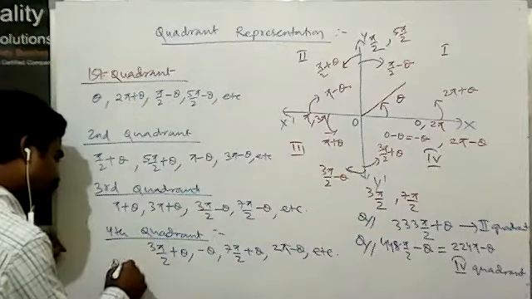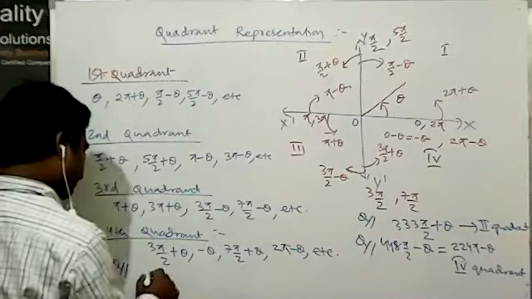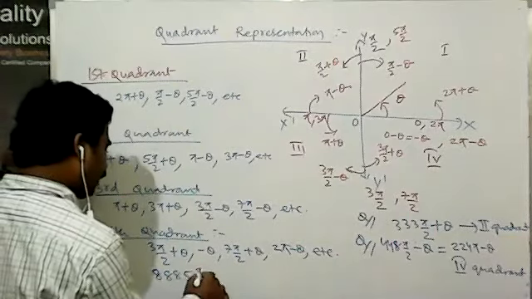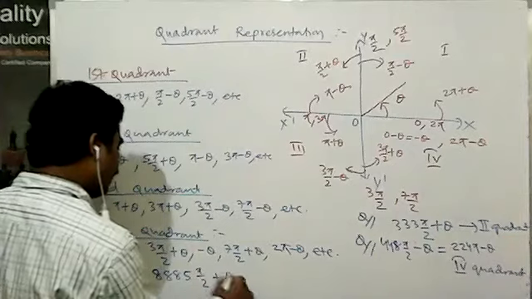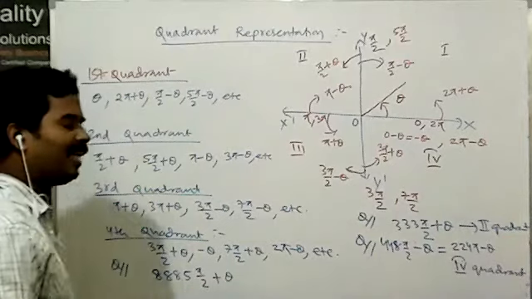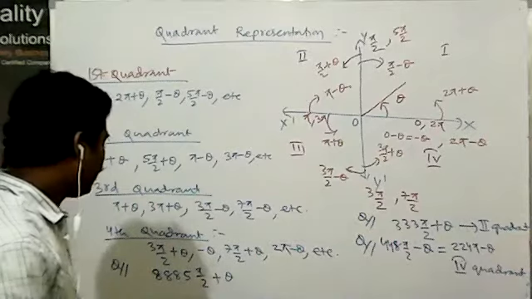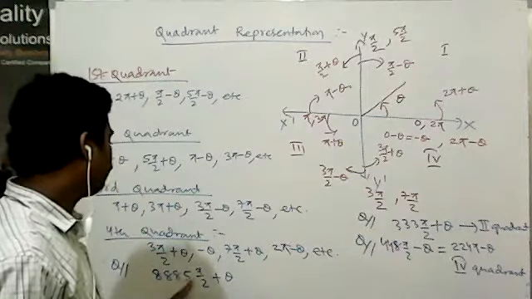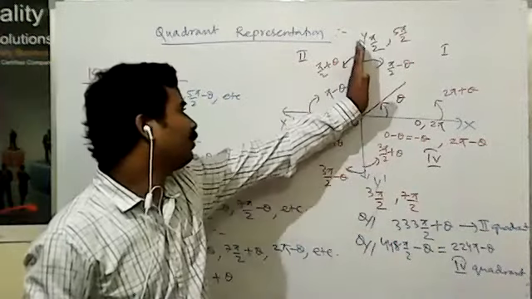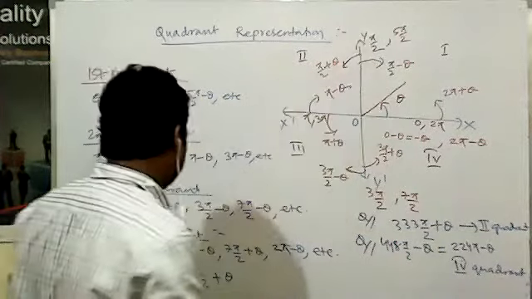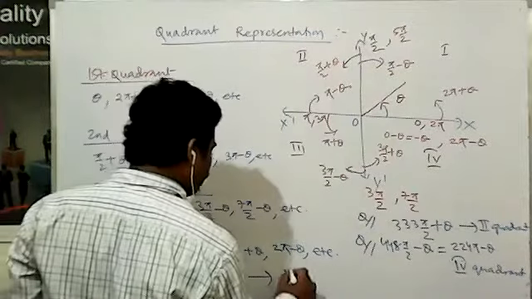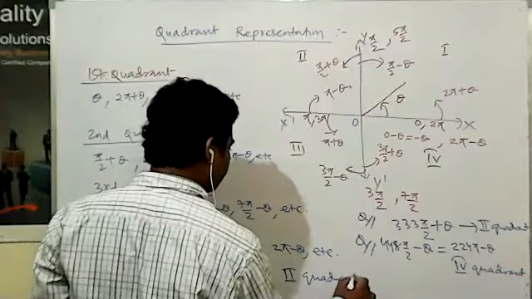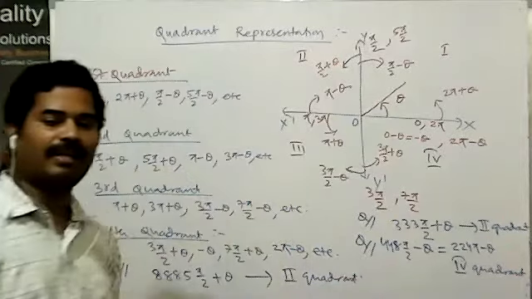Similarly, another question: 85 pi by 2 plus theta. 85 divided by 4 gives remainder 1. Remainder 1 plus theta is in the second quadrant.